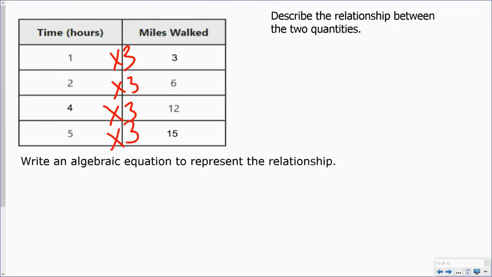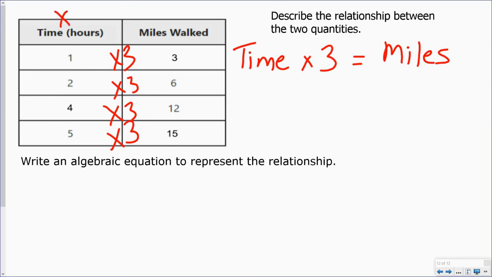Again, this is a review from making ratio tables. So if I look at the description here, I'm taking my time and I am multiplying it by 3 each time, and that is equaling my miles walked.